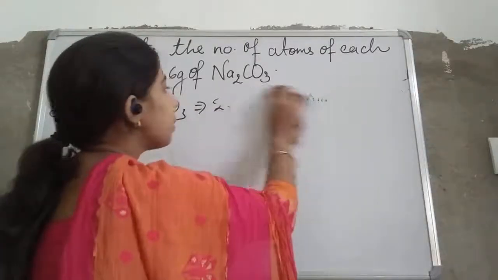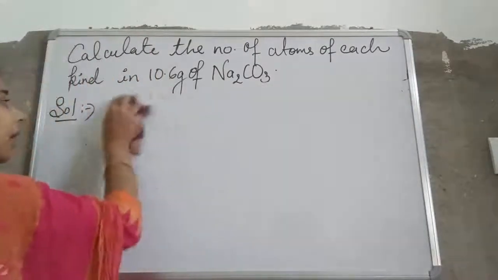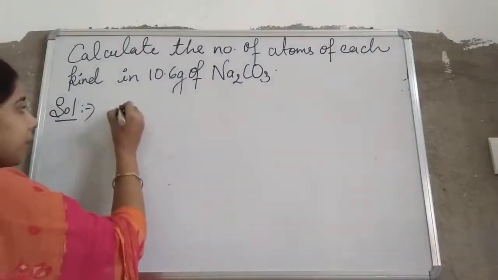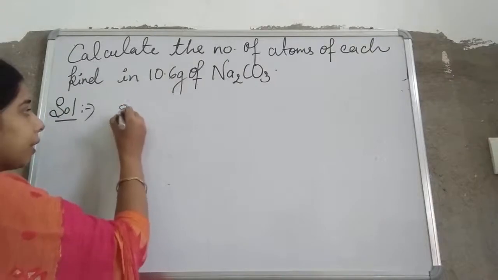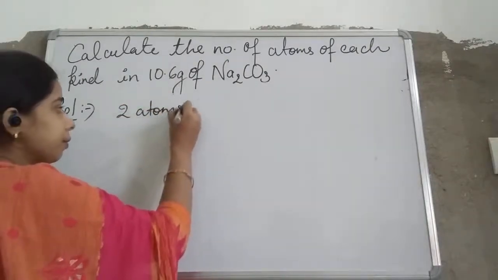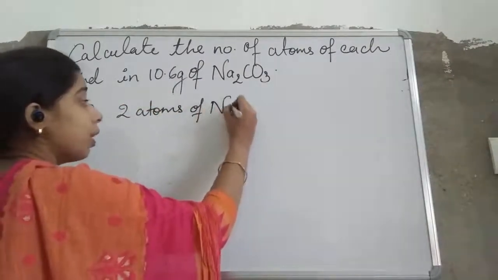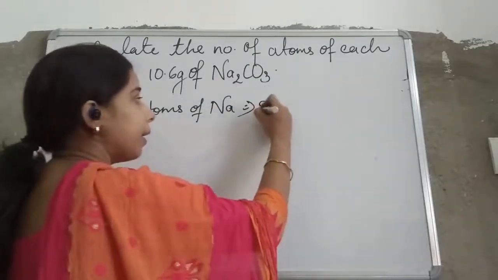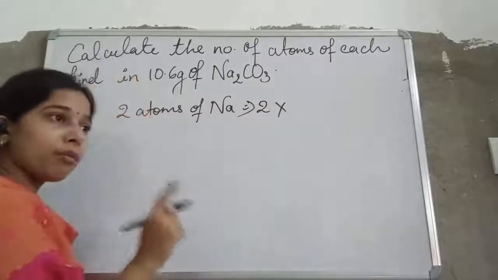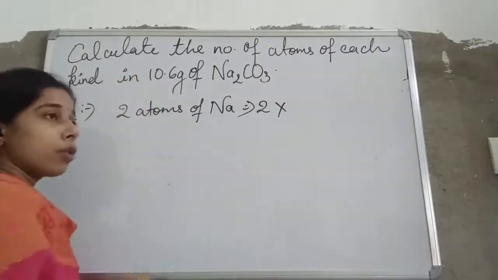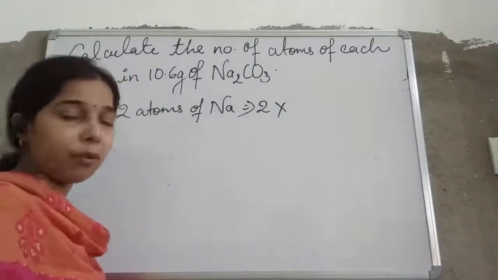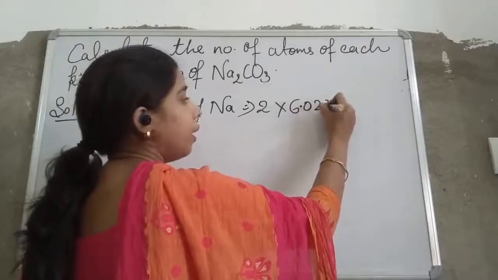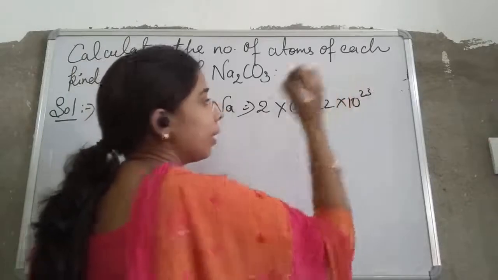At first we will see the number of atoms in sodium. So 2 atoms are there. If 2 atoms are there in sodium, we multiply the number of particles of one atom by 2. The number of particles in one atom of sodium is 6.022 into 10 the power 23.